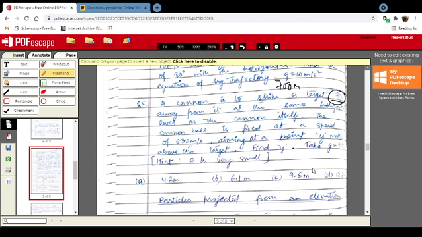The cannon is fired at a speed of 630 meters per second, aiming at a point y meters above the target. You have to find y. g is 9.8 meter per second square, and the hint is given that theta is very small. So this is a good one.